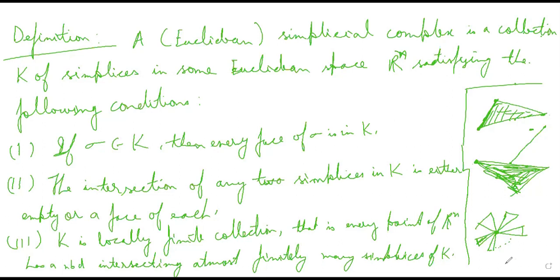Similarly, infinitely many two-simplices having a common one-dimensional face is also not allowed. But we will be interested actually in finite simplicial complexes, so the third condition will be redundant, because finite simplicial complexes means simplicial complexes having only finitely many simplices.